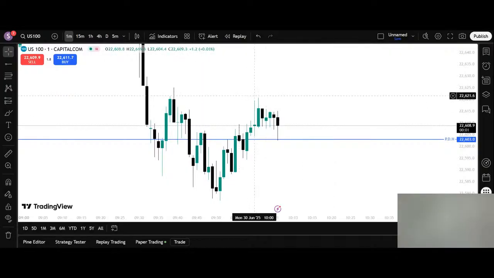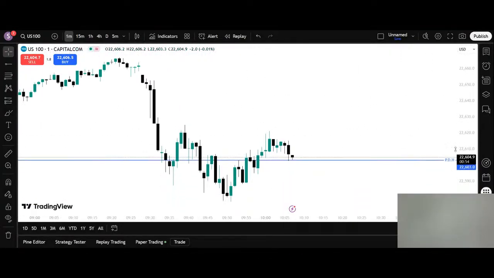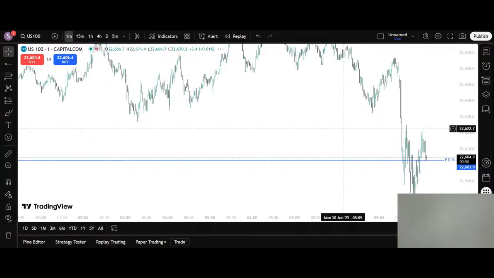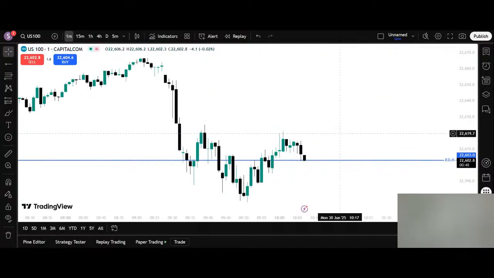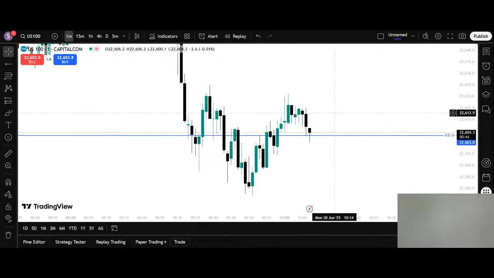If price breaks through here, we could go long, but honestly, a long is more risky. So even if price gives me a buy setup, I wouldn't take it. Bias matters a lot. I still expect price to go lower according to the higher time frames too.